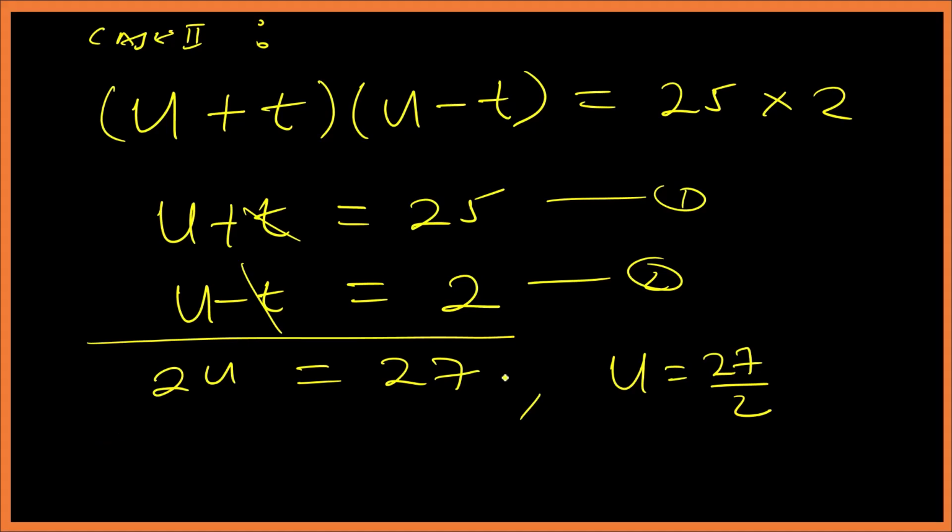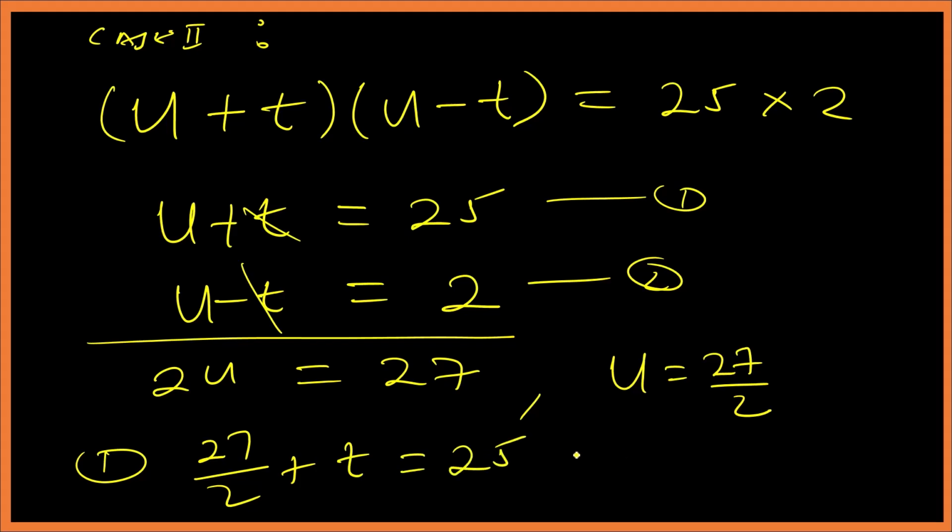Now let's use any of the equations to solve for t, using equation 1. So u, which is 27 on 2, plus t equals 25. Multiplying through by 2, I'll get 27 plus 2t equals 50.